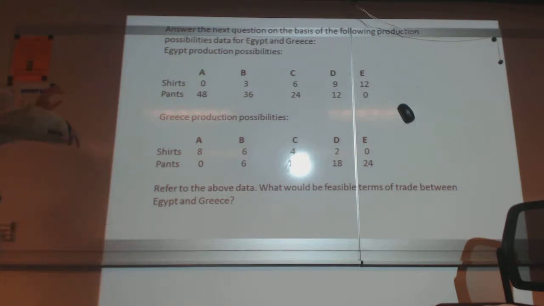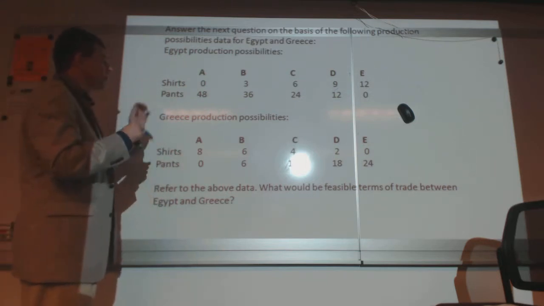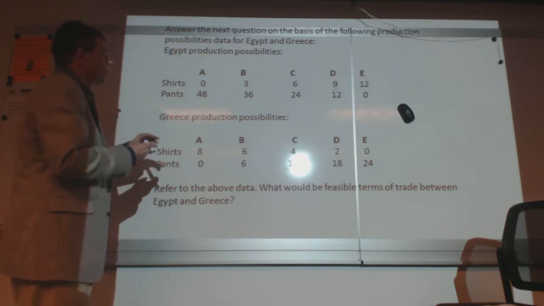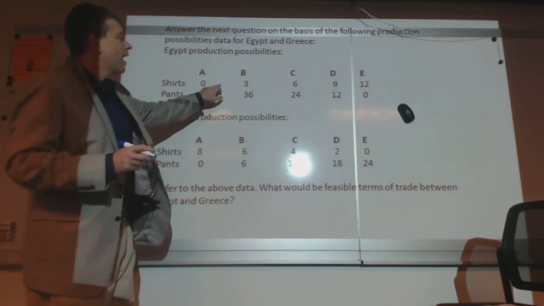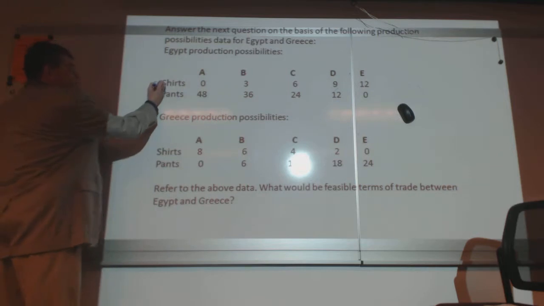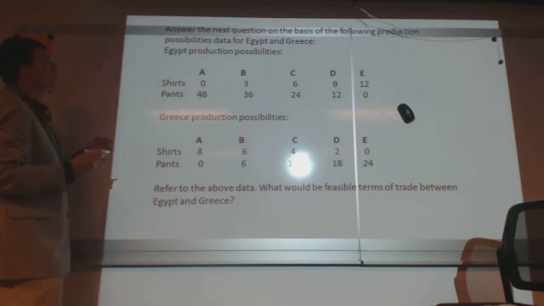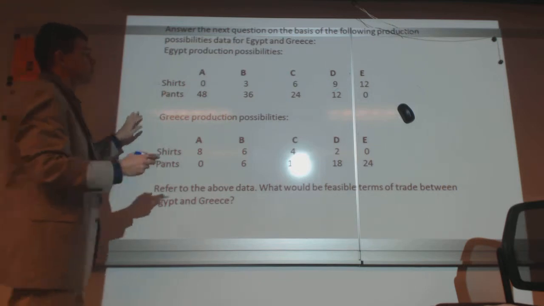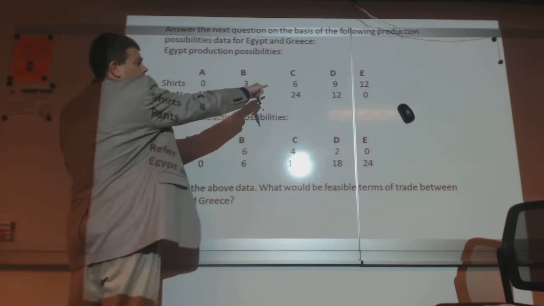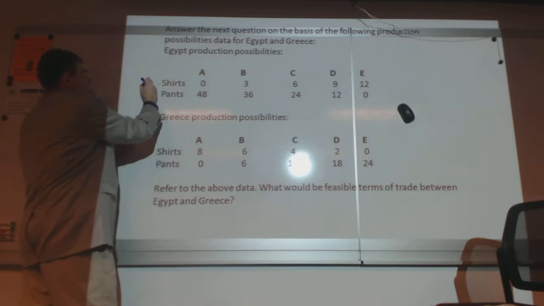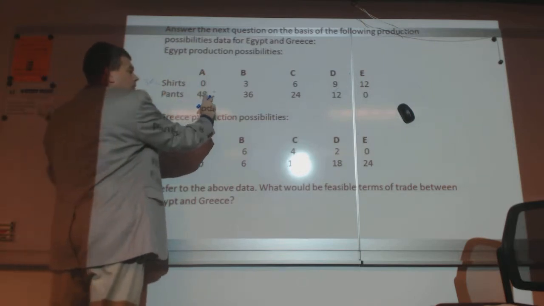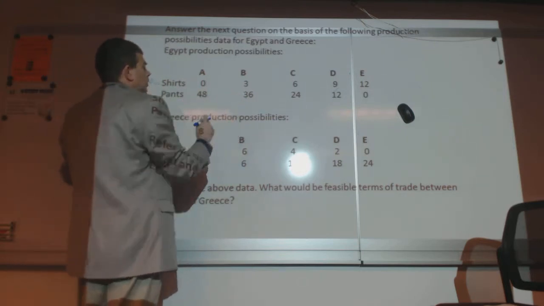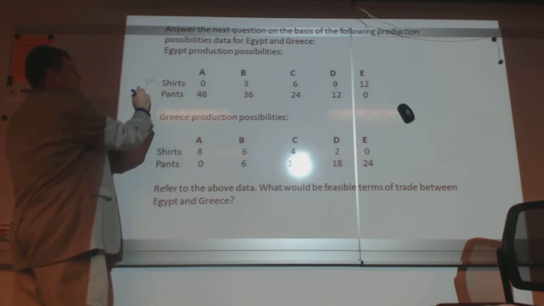In order to determine terms of trade, one of the things we could do is chart this out on a production possibilities curve, but we don't need to do that. First thing we'll do is add up all of this. We'll do shirts first, and we'll deal with Egypt first. So it looks like 3, 9, 18, 30 shirts, right? Pants is what, 120, right?